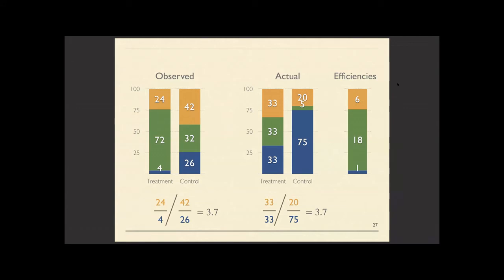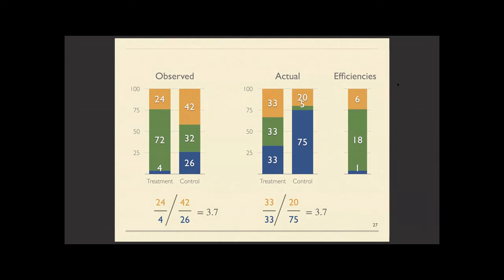So if we can't estimate relative abundances in a reliable way, is there some other feature of these microbial communities that we can? What I want everyone to take a look at here is every sample's ratio of the orange taxon to the dark blue taxon, and then the ratio of that ratio in the treatment compared to the control sample. We see that the actual ratio of ratios is 3.7, which is perfectly preserved in the observed data.